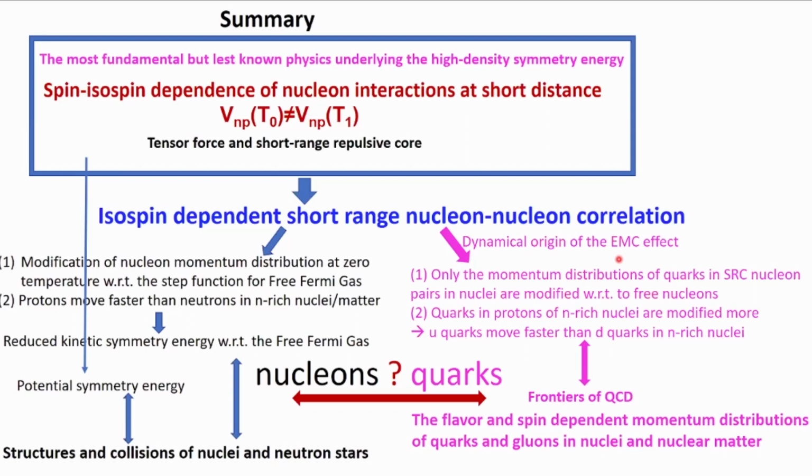As we can see in many proposals in the literature, one of the frontiers of QCD is to study the flavor and spin dependence of momentum distributions of quarks and gluons in nuclei and nuclear matter. Now here I show a two-sided arrow with big question marks, because I am interested in the connection between these two parallel pictures.